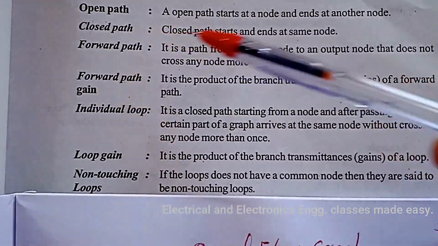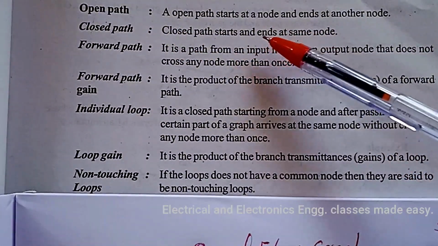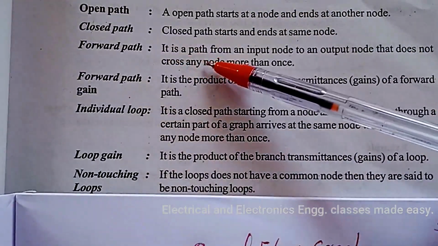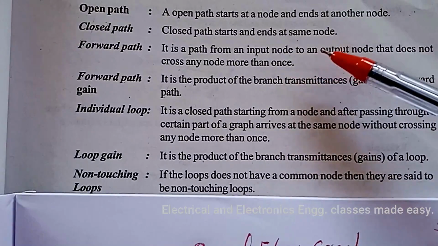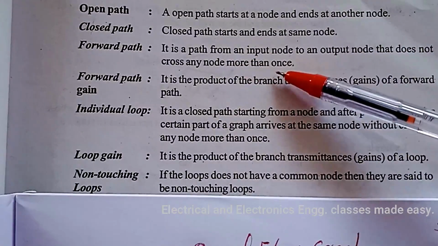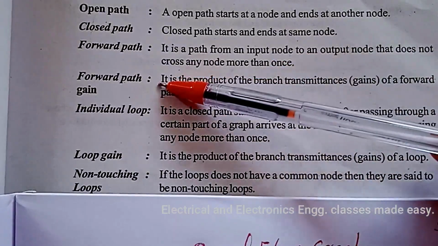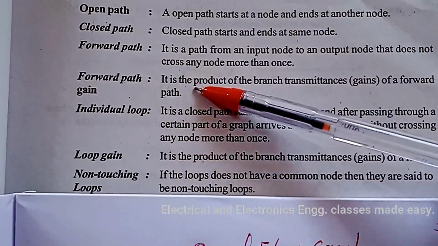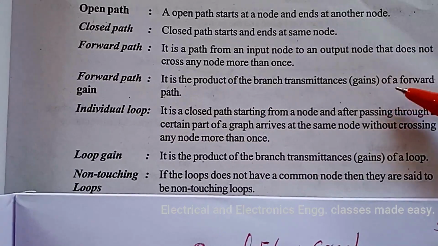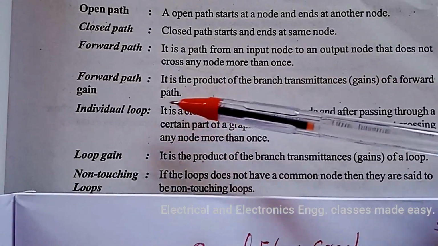Closed path. A closed path starts and ends at the same node. Forward path. It is a path from an input node to an output node that does not cross any node more than once. Then forward path gain. It is the product of the branch transmittances or gains of a forward path.